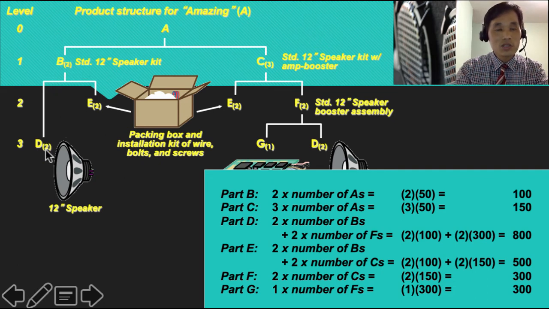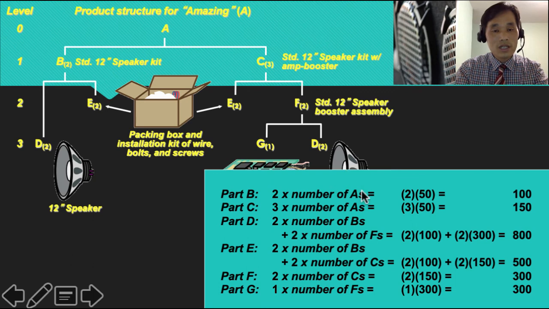600 times 2 Ds, that's 1200. And on your right side, how many Fs do you need? 300 times 3 gives you 900, and 900 times 2 gives you 1800. 1800 times 2 gives you 3600. So we have 3600 plus 1200.